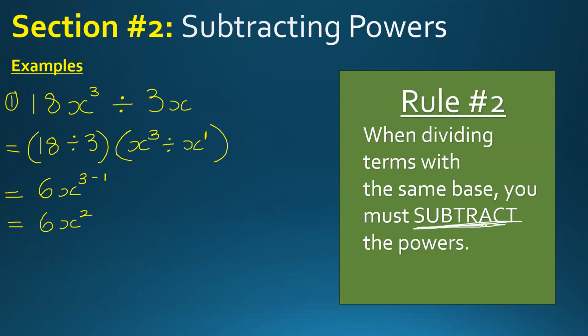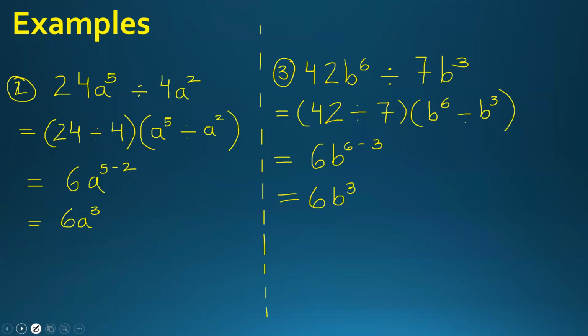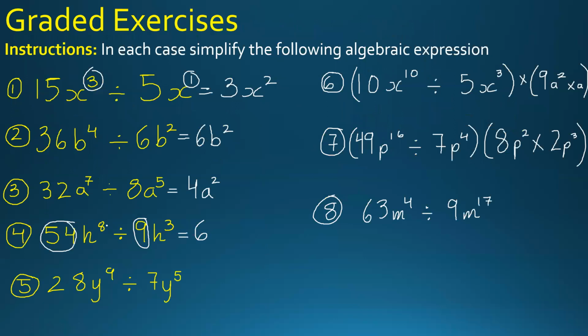So here we're gonna subtract 8 and 3. What is 8 minus 3? 5. So it's gonna be h to the power of 5. So you understand now, right? How we get it?